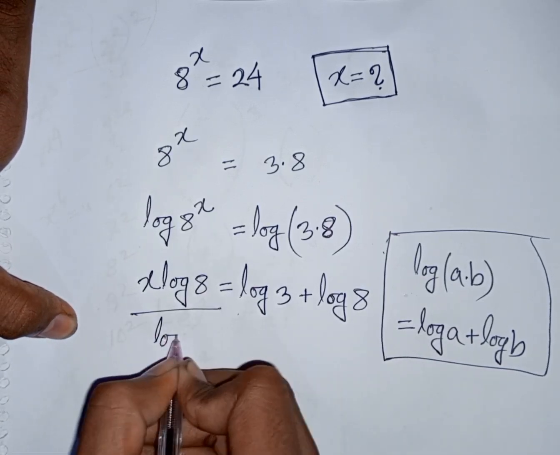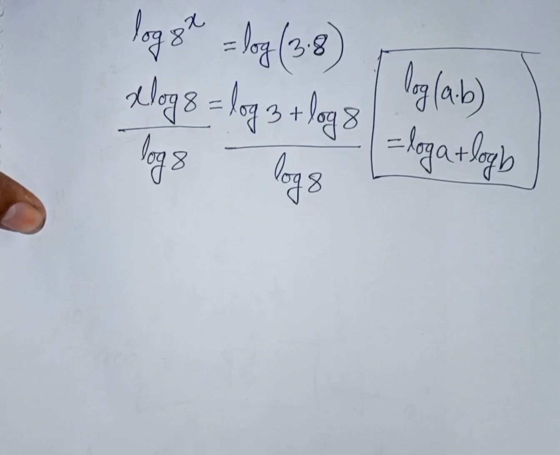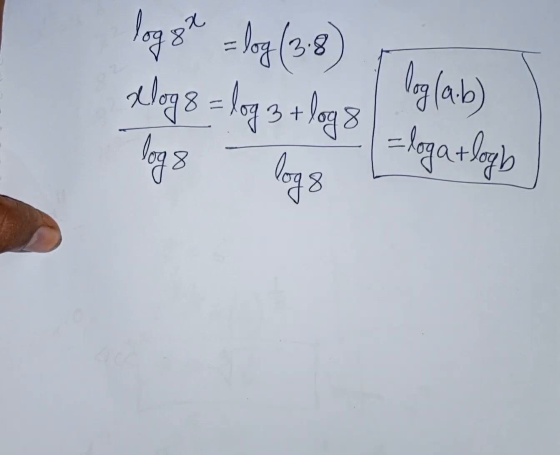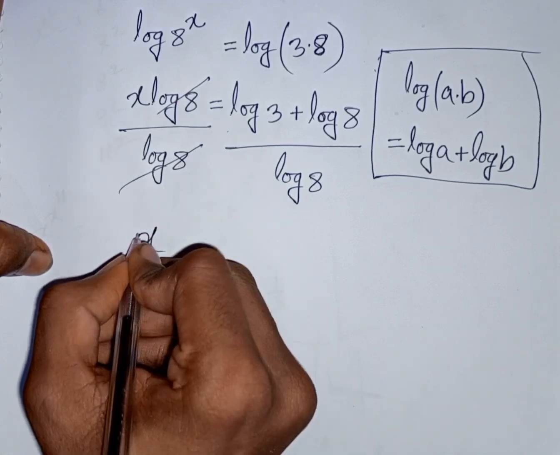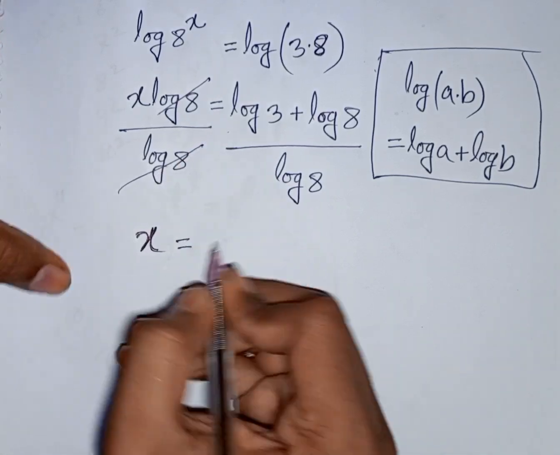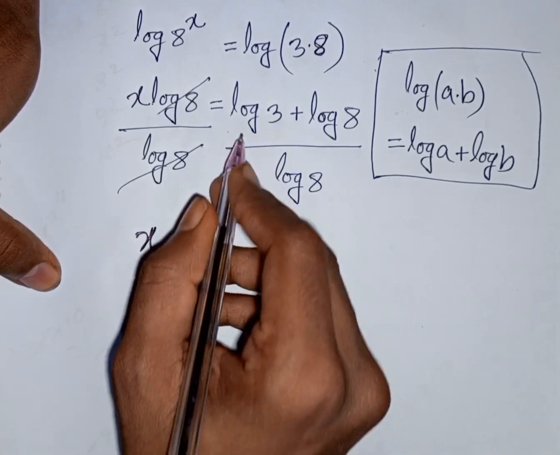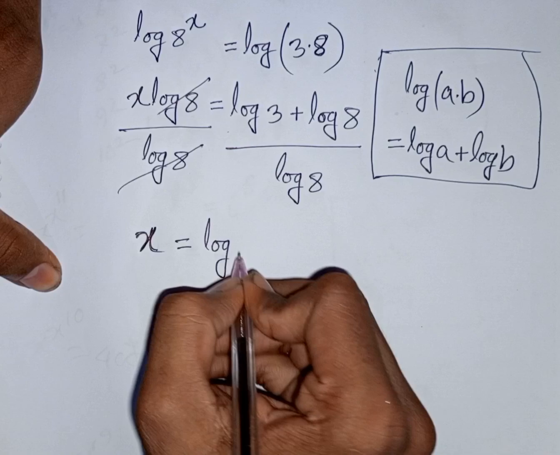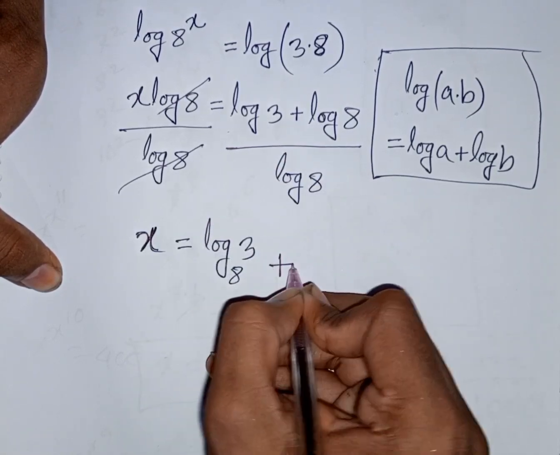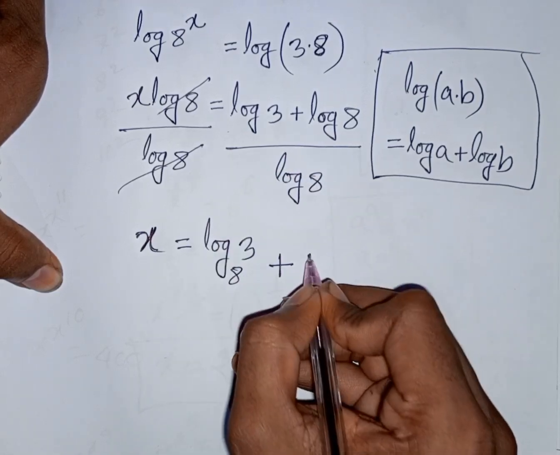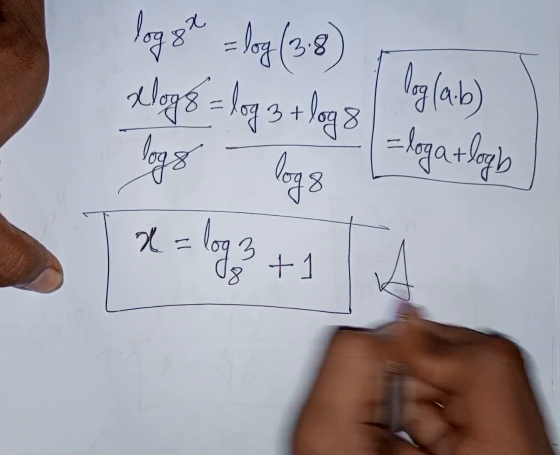Now this log 8 will be cancelled, so x will be equal to log 3 over log 8, that means log 3 base 8, plus log 8 divided by log 8, that means 1. So this is the value of x, this is our final answer.